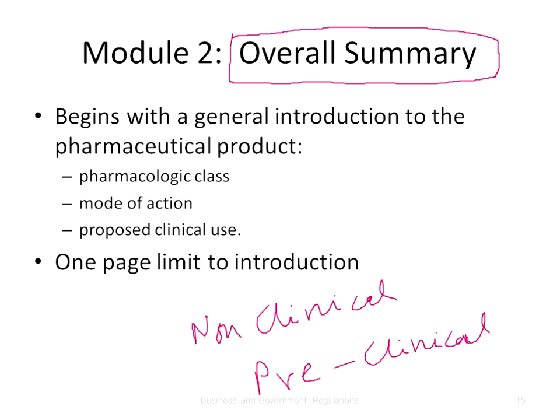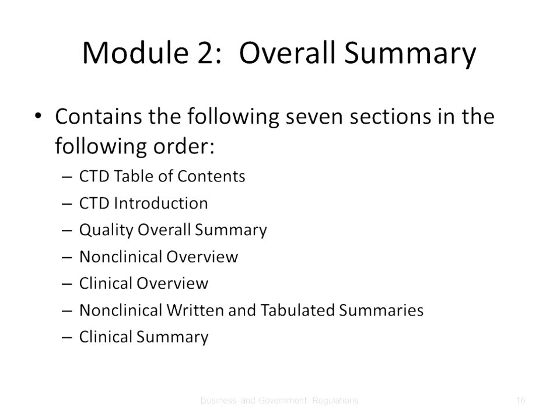Okay, so it begins with a general introduction to the product, what class it is, like is it antihypertensive, what mode of action, is it some kind of enzyme inhibitor, and proposed clinical use. And there is a one-page limit to it. So there are 7 sections in the following order.